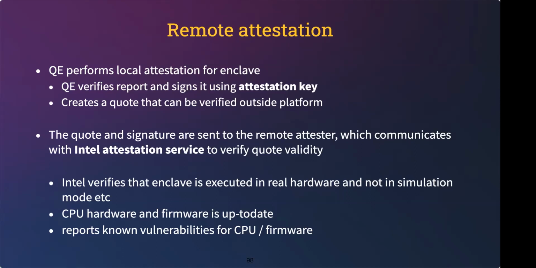We can verify that there are no known vulnerabilities for that CPU. It's real hardware with up-to-date firmware. Depending on the attestation service that you use from Intel, it might also say there is a certain vulnerability. And then in your application, you have to decide if you can live with that vulnerability or if you want to stop running on that hardware. Okay.